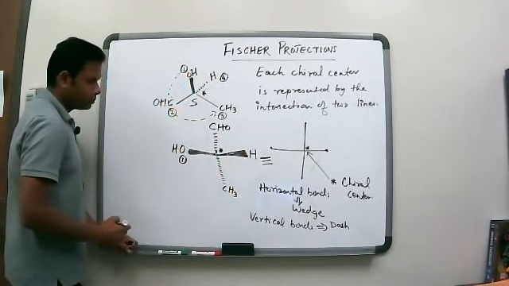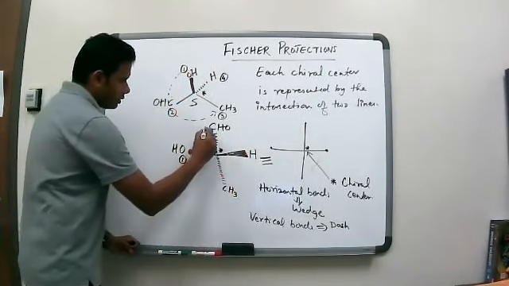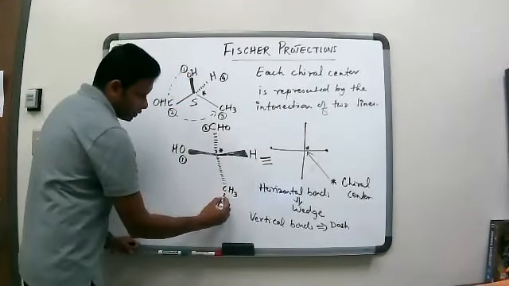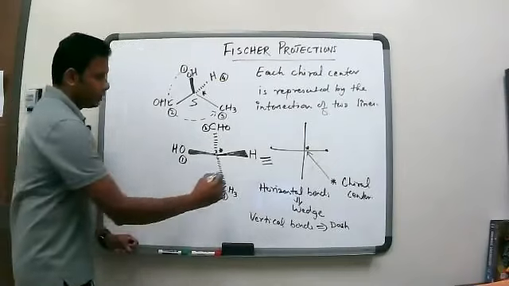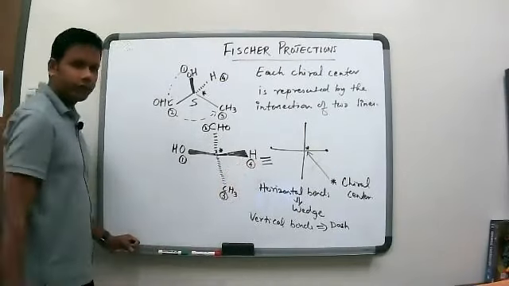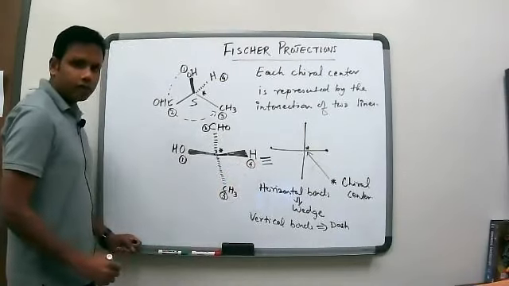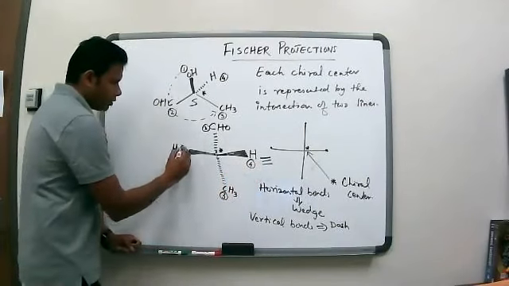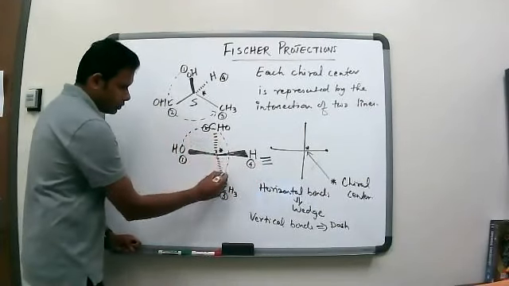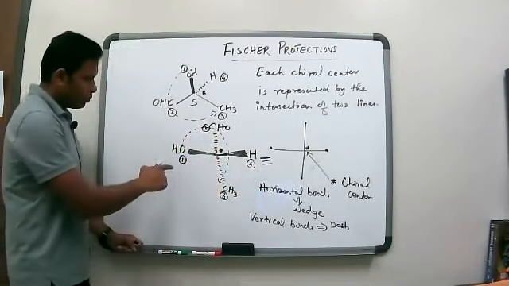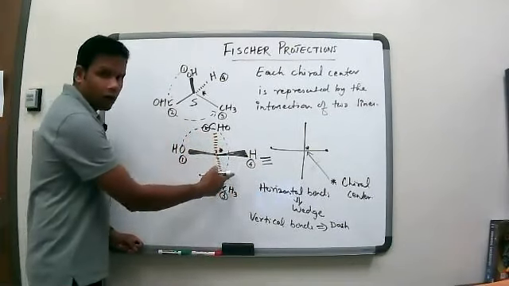So we have 1, and this is 2, and this is 3. The hydrogen is 4. So now if you look at it, going from 1 to 2 to 3, we move clockwise.